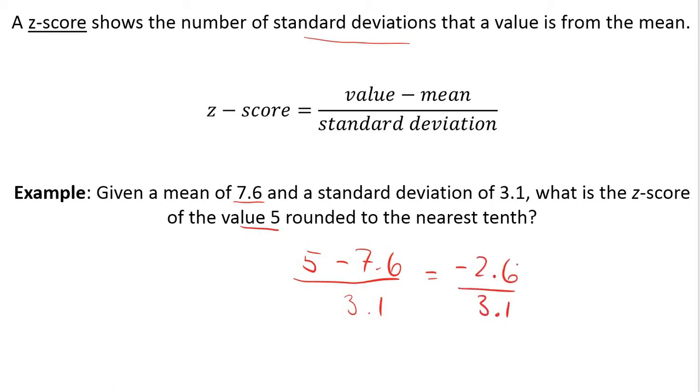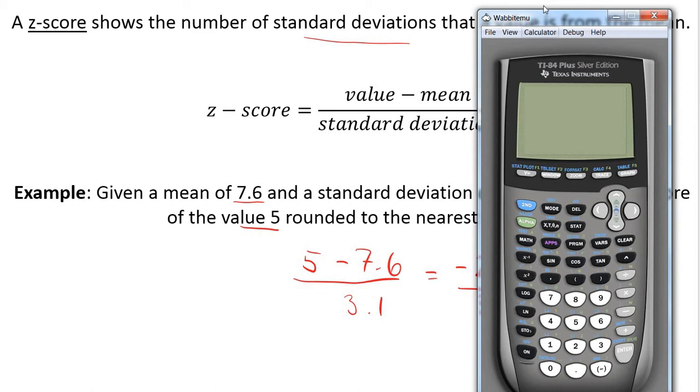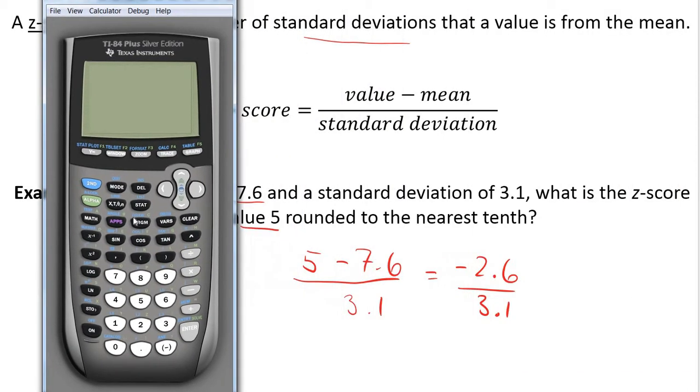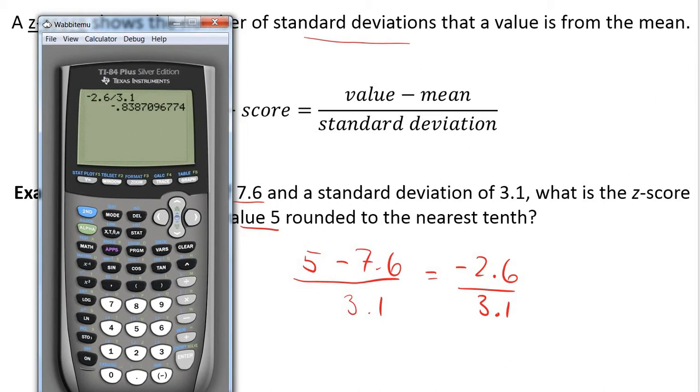Now what the negative means is it's below the average. Now let me just bring my calculator up so we can go ahead and plug that in. So we've got negative 2.6 divided by 3.1. And so that's a Z-score of about negative 0.8.